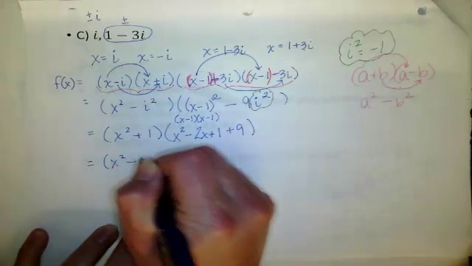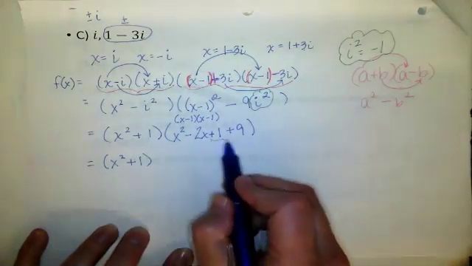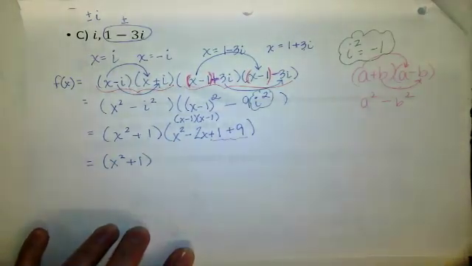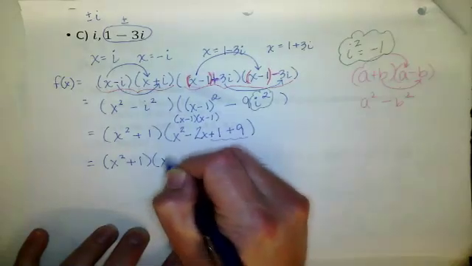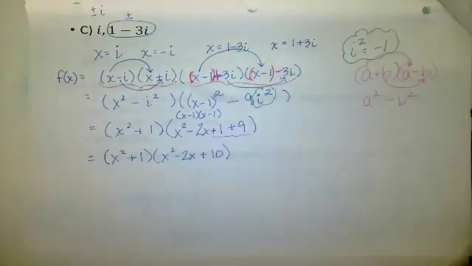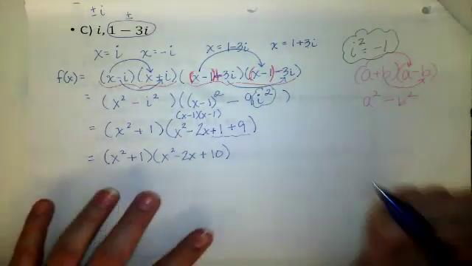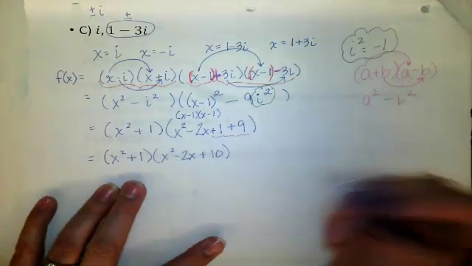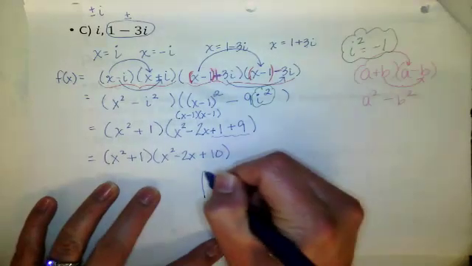So we have x squared minus 2x plus 1, and you're going to combine your like terms. So we get x squared minus 2x plus 10. I'm not done yet. Now I got to multiply these two together. So I'm going to do my lovely box.